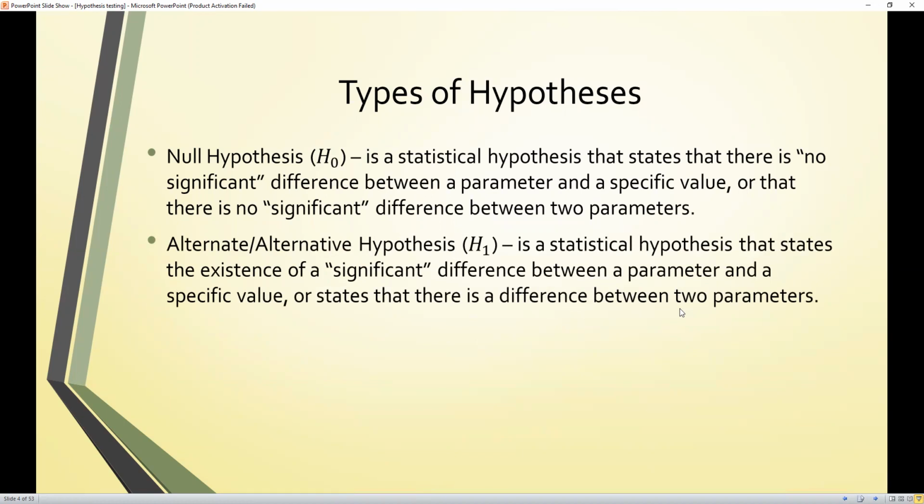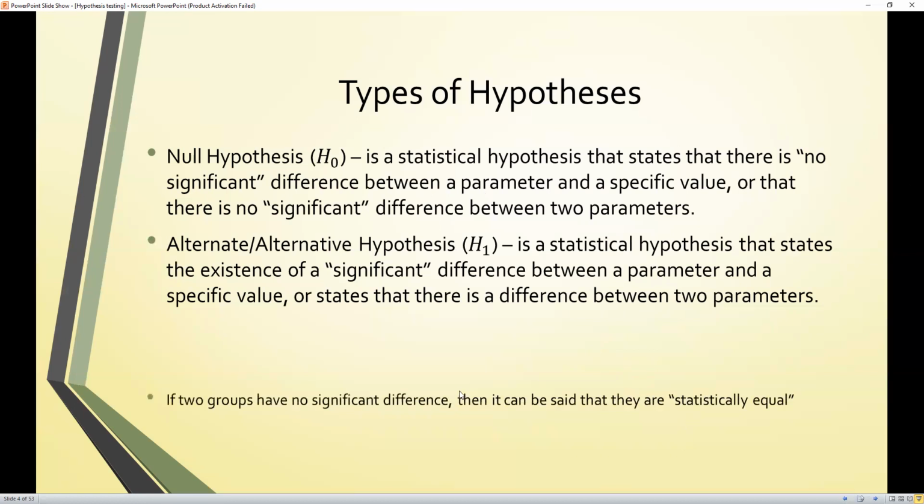So it is just the negation of the null hypothesis. No significant difference for the null hypothesis; for the alternate hypothesis, there is a significant difference. Take note that when two groups being compared have no significant difference, then it can be said that they are statistically equal. Okay.